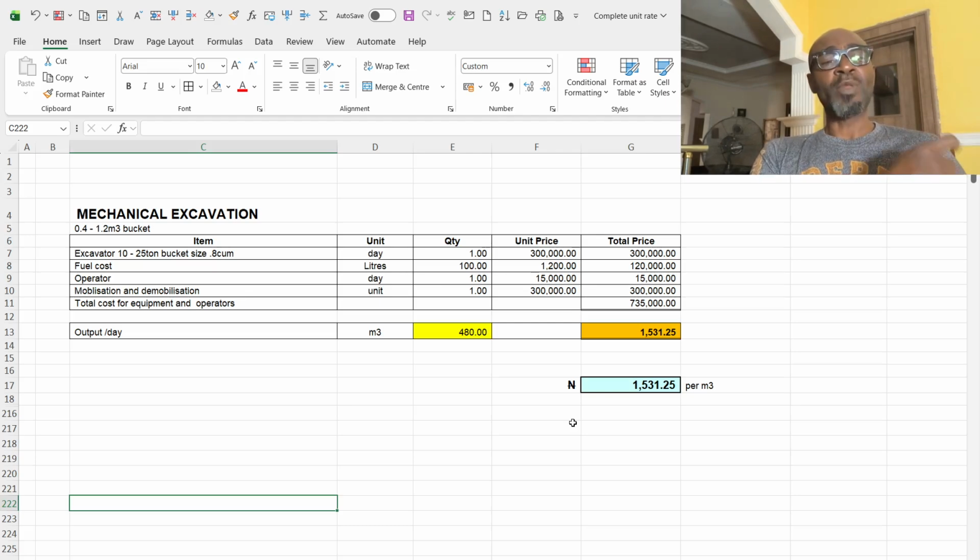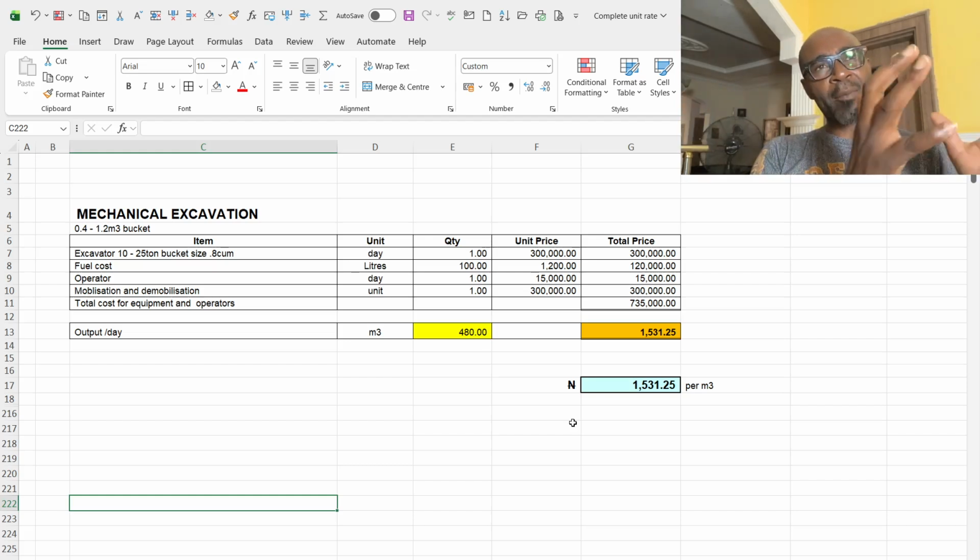Having said that, there are other factors that will determine the output of the machine that you have rented. It is one thing to rent the machine, but there are other factors that will affect the effectiveness of the output, such as the bucket size. For the one we are looking at, the bucket that will fit into those categories of excavators ranges between 0.4 cubic meter to 1.2.